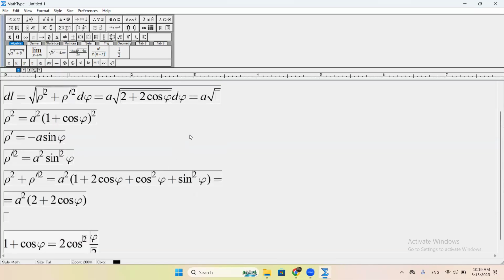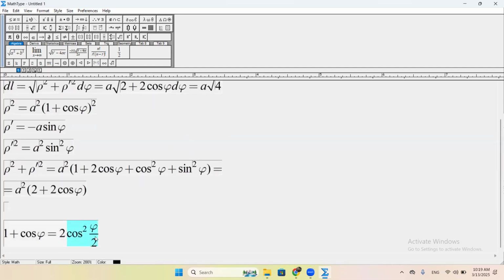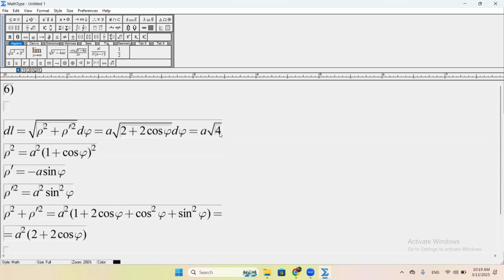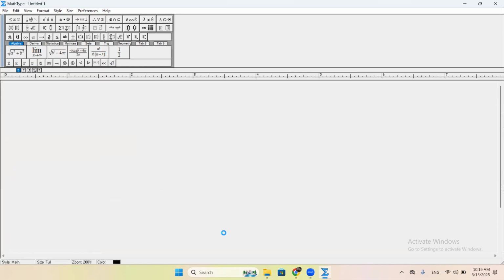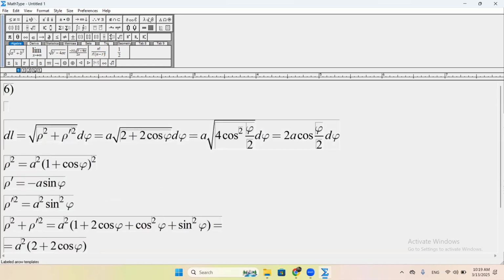So yeah, here we have 4 cosine square of phi over 2, d phi. And now let's also remove the square root. So we will have 2a of such cosine now in power of 1 and d phi. So we found the differential of the length of the curve.